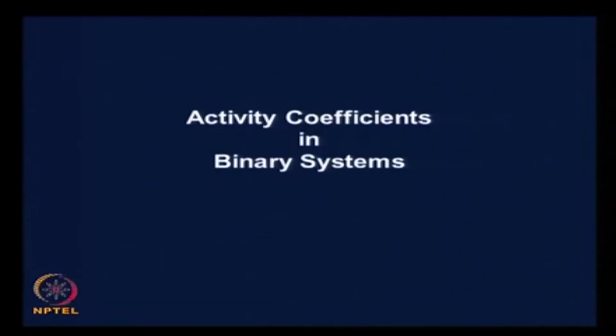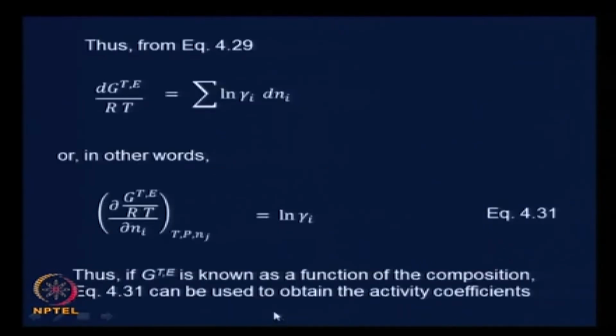The remaining part of our module is going to be limited to binary systems, because there is so much work that is available in binary systems, and probably that is good enough for an undergraduate level of understanding. Therefore let us look at means of estimating activity coefficients in binary systems, and the basis for this is going to be the previous statement that we made.